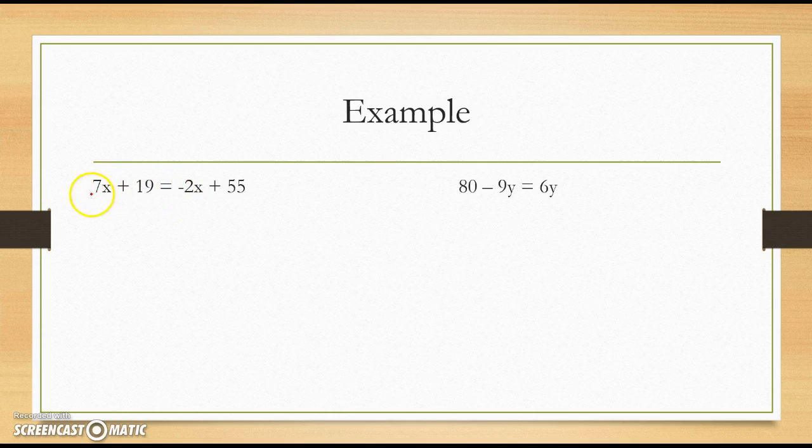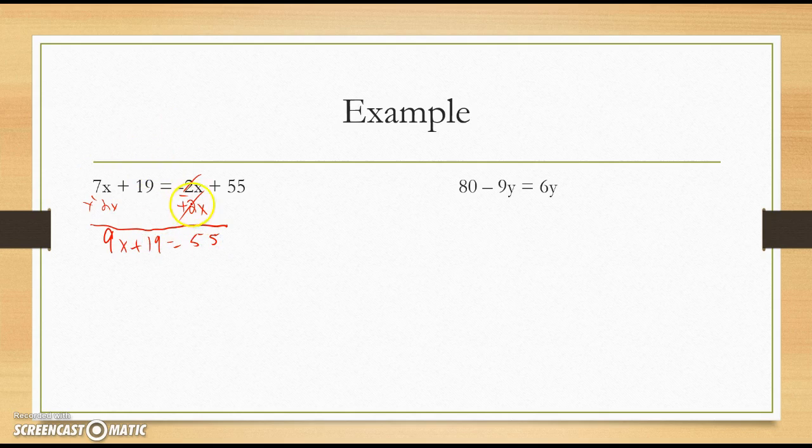So we can look here at the coefficients. We have 7 and negative 2. Since 7 is greater, we want to bring the negative 2 over, and we have to add it because it's negative. This is 7x plus 2x now, which is 9x plus 19 equals 55.